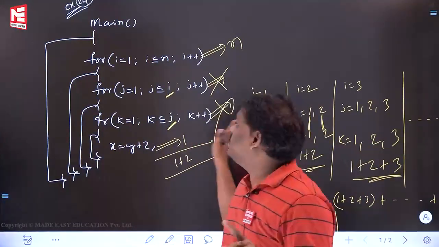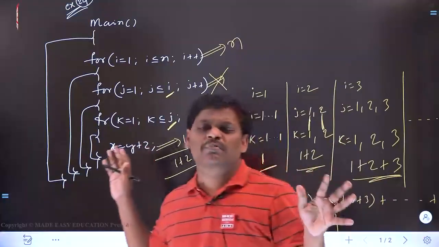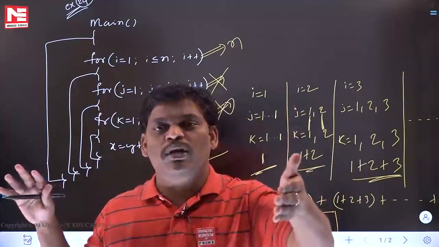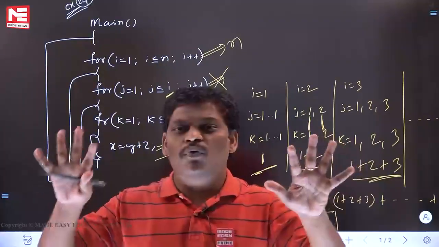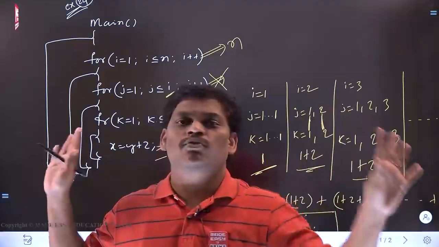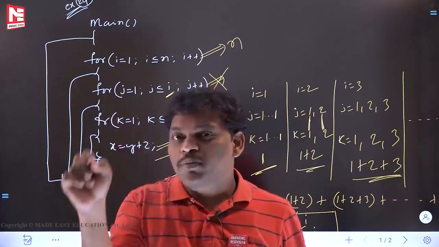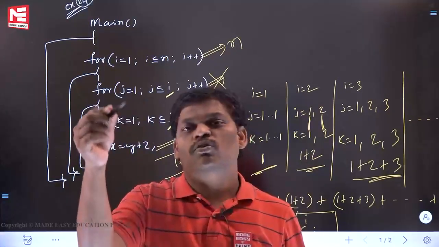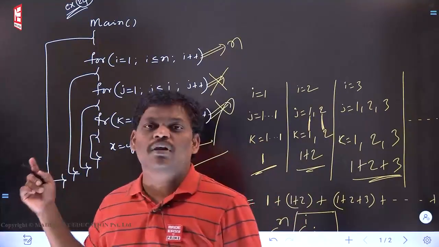This is a nice problem. Please take care. Almost approximately 25 problems I have said to you for time complexity. Some more problems will come in further classes. As of now, I said whatever was possible. I want to say more also, but you may be confused. Some problems for time complexity are there, and at the correct time I will make sure that I explain those also. If I say them now, they will confuse you.